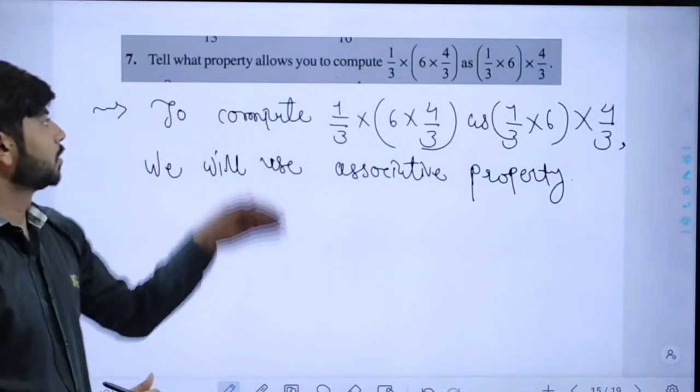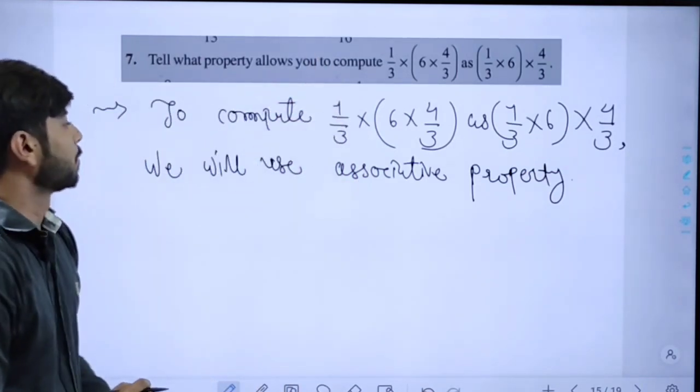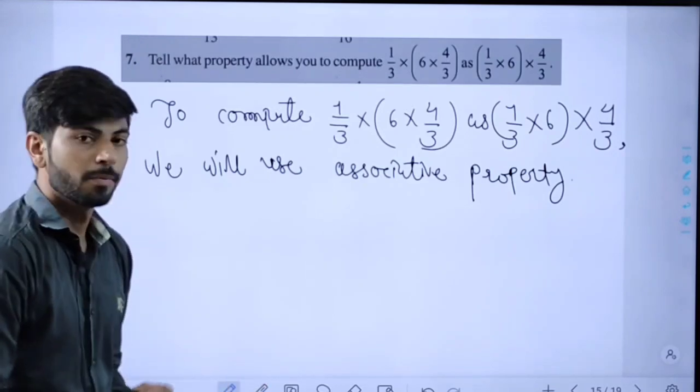Okay, we have to just give the name of the property, so it will be associative property.